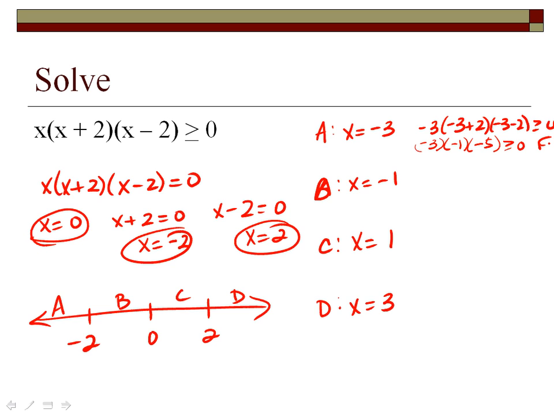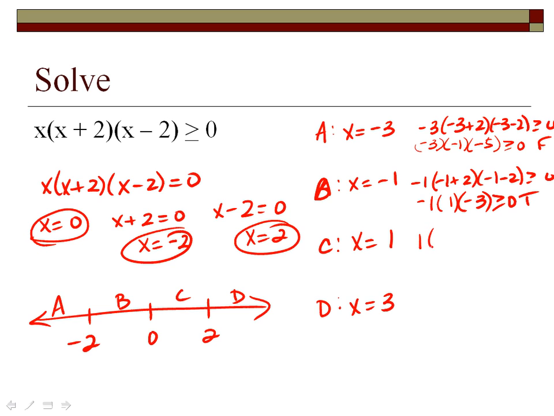That's false. If we plug in negative 1, we're saying it's negative 1 times negative 1 plus 2 times negative 1 minus 2 greater than or equal to 0. So we get negative 1 times 1 is negative 1 times the negative 3 is positive 3, which is greater than or equal to 0, so that's true.